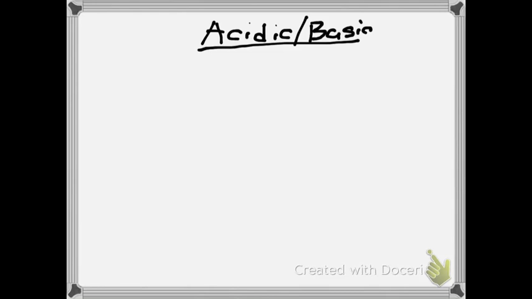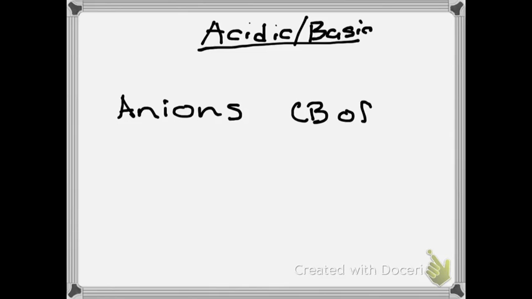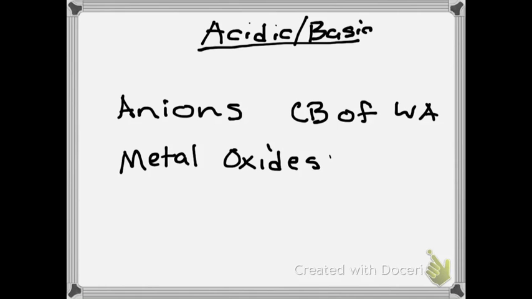Some examples of things that make solutions more basic are essentially anions that are conjugate bases of weak acids, or metal oxides, such as magnesium oxide or potassium oxide. And salts will have no effect on the overall pH.